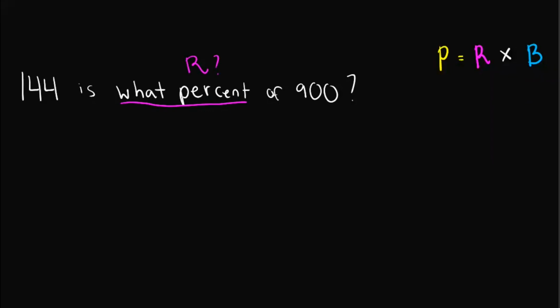Now again, since we have the keyword "of" out here, this 900 must refer to the base. And so this 144 is the percentage. So we have P equals 144, B equals 900, and the rate is the one that we need to find.